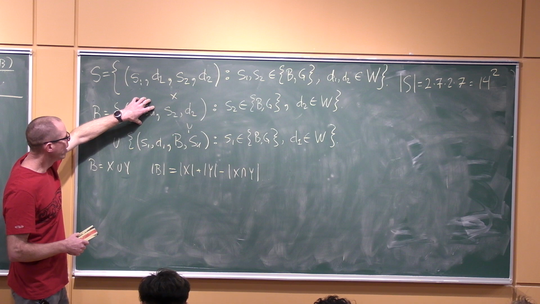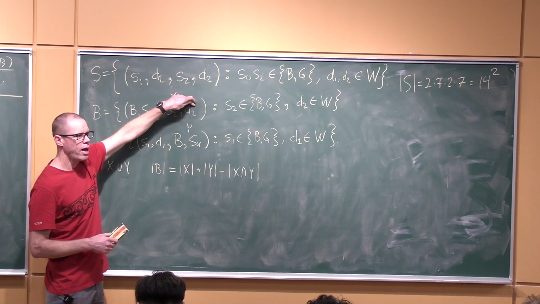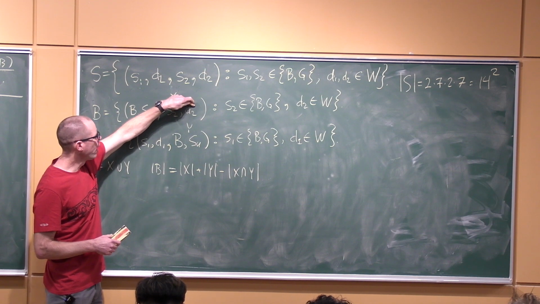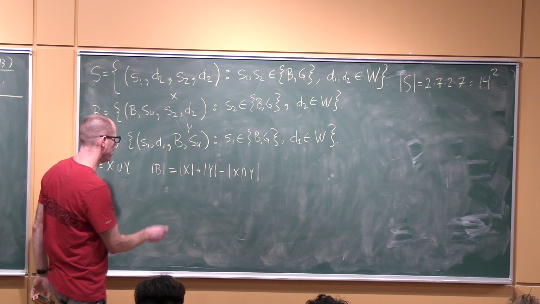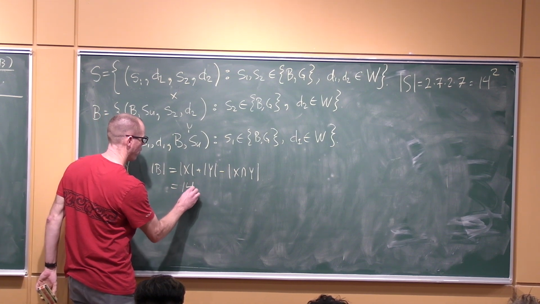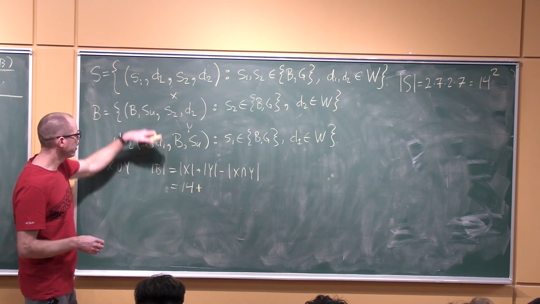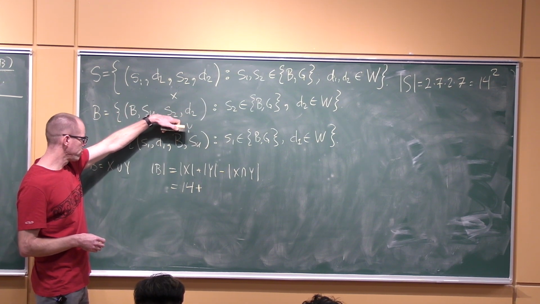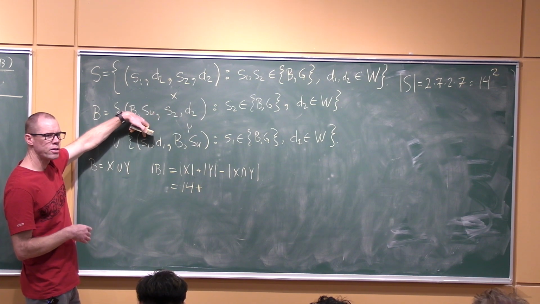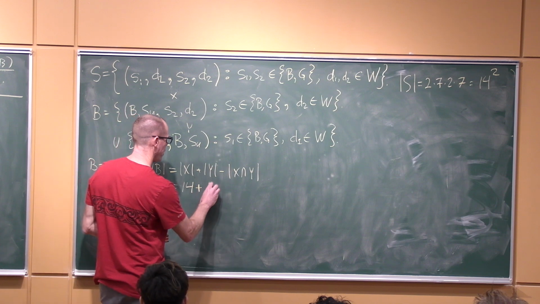That's all fixed. But here we still have 2 choices for the sex of this child and 7 choices for the day of the week. So there's 14 choices total. So this is 14. Y, the same situation, right? Everything about the second one is chosen for us, but we can still choose the sex of the first child and the day of the week of the first child. So that's 14.